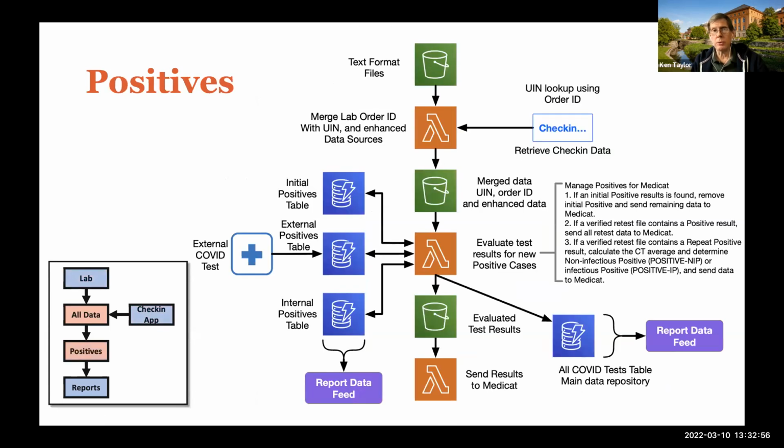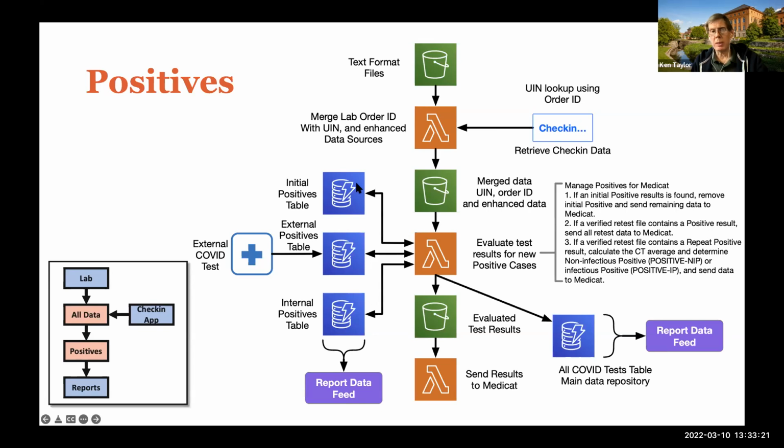Continuing down, we get to the main bookkeeping part of the process, in which now that we have all the text files with all of the data merged together, we have to do the bookkeeping of who's positive, who's negative, et cetera. And we've got to deal with a lot of issues here. So we're bringing in external COVID tests, also from a local hospital that does nasal swab testing.